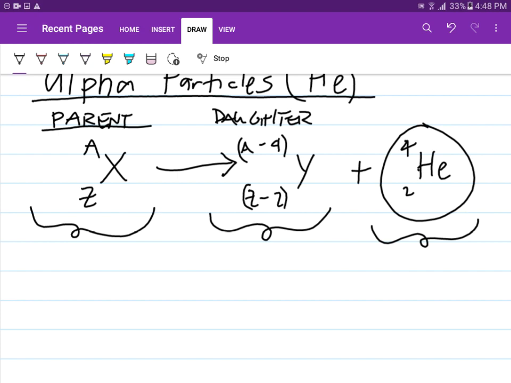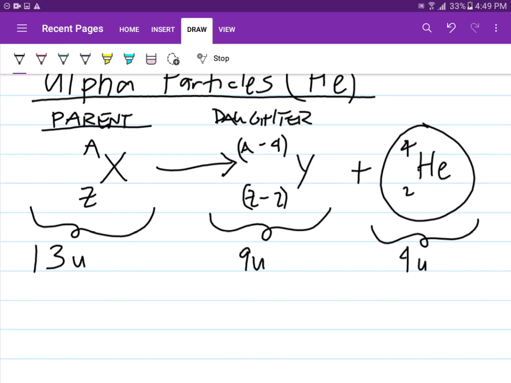So for example, let's say that the parent has, I don't know, maybe 13 atomic mass units, and the alpha particle should have 4 atomic mass units, and the daughter is 13 minus 4, 9 atomic mass units.